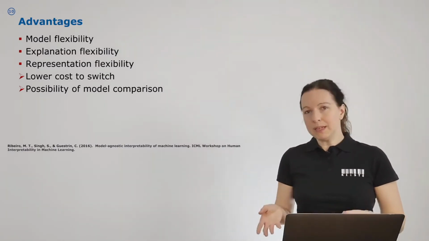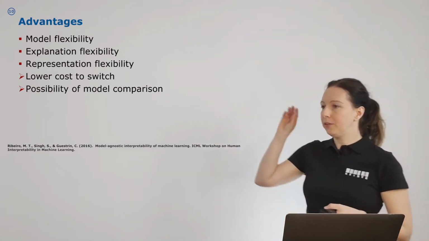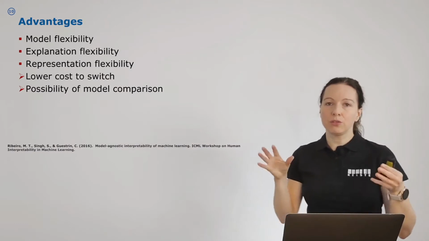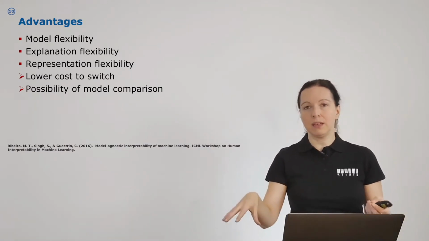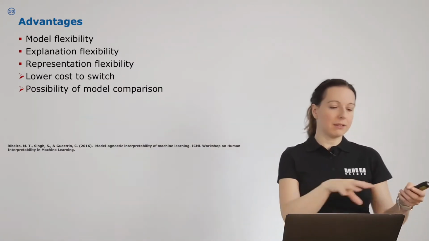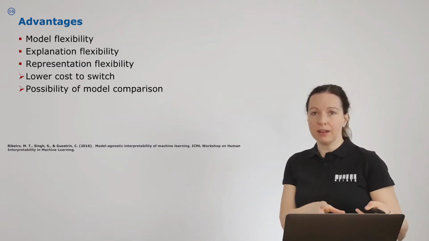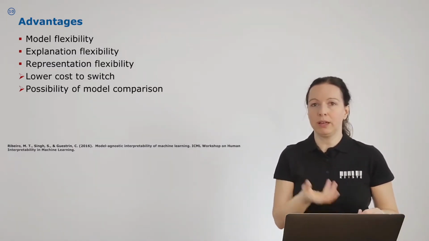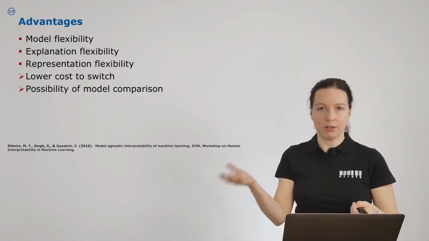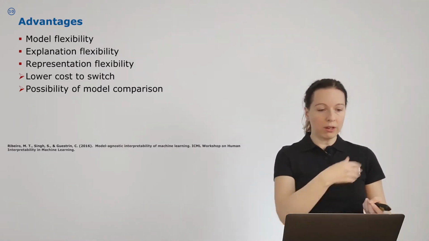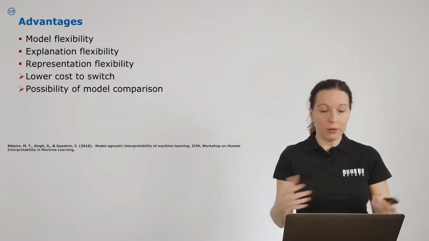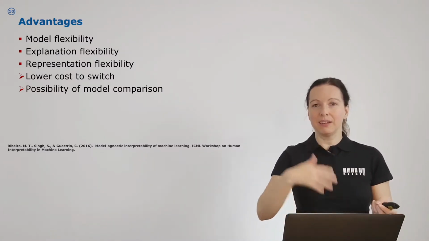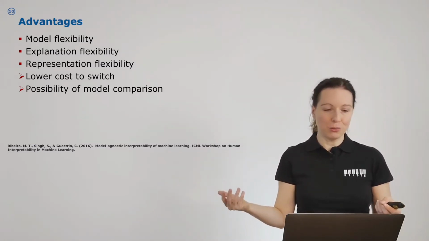And what results from this is that you have, for example, a lower cost to switch. Since you have two separate parts, one is the interpretation and explanation part, and the other one is the actual task solving part, you can, for example, switch the model and still have the same kind of interpretation afterwards, or you have the same model and you can switch the interpretation tool.